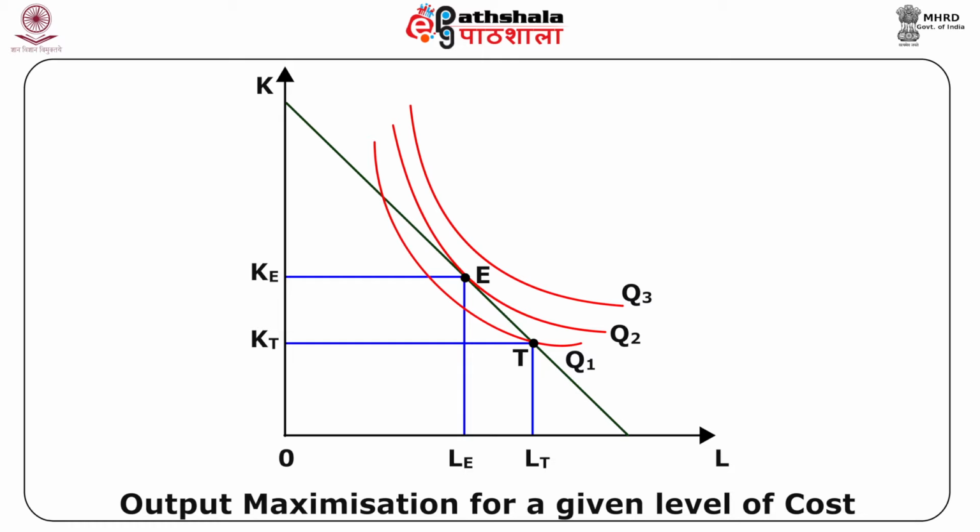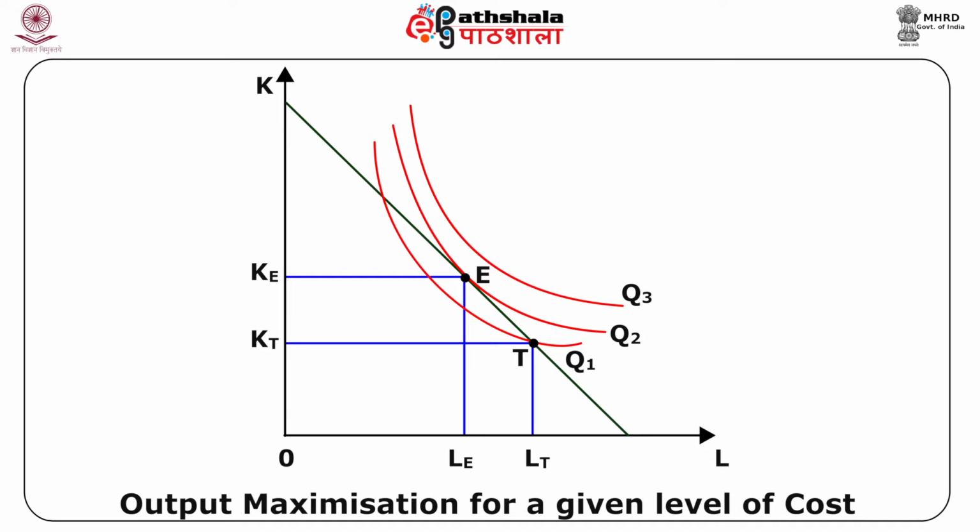In figure 7, if the firm chooses point T, it produces Q1 level of output with LT and KT level of inputs. However, the firm can produce a higher level of output given by Q2 at the same cost by employing a different combination of K and L, that is, by using less labor and more capital.